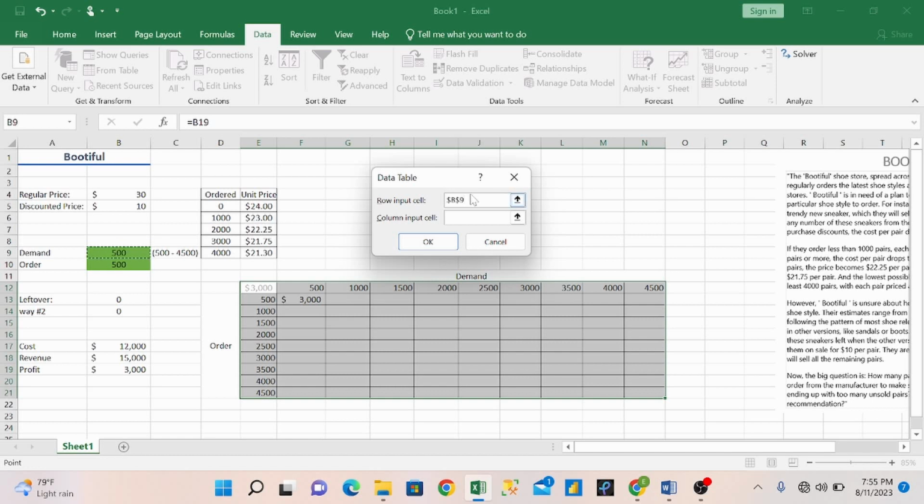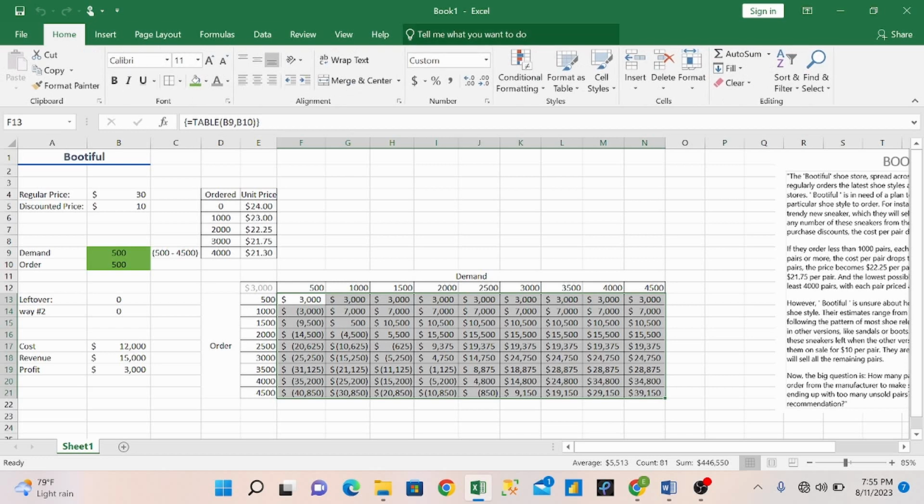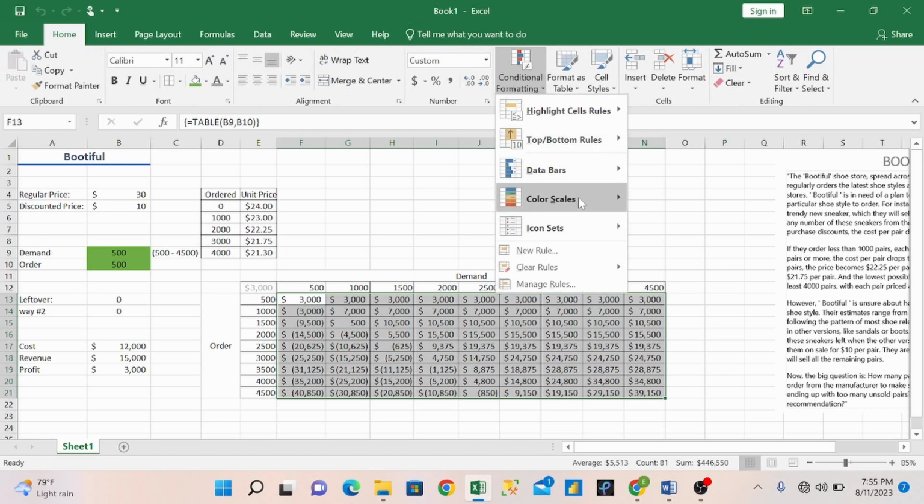So this is where it's located. Same thing with my column here. Where is it located in my spreadsheet now? This is where it is. If you want to add colors to make it a bit readable, you can come to home, add your conditional format in here.